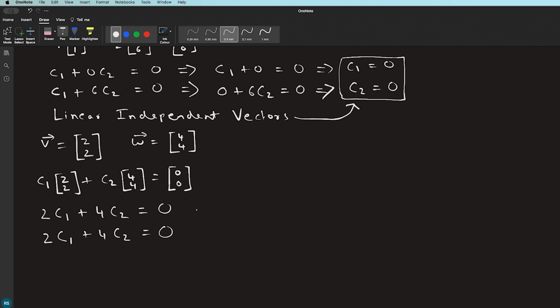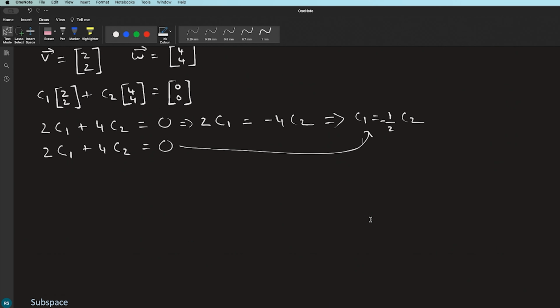So I can write this equation as 2c1 equals minus 4c2, which is nothing but c1 equals minus 1 by 2 c2, and the same goes for the other equation. Now for c2, I can write c2 equals minus 2 c1.